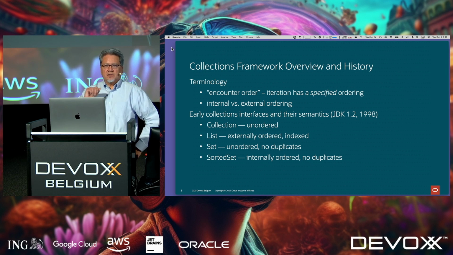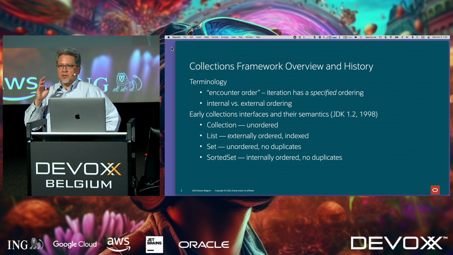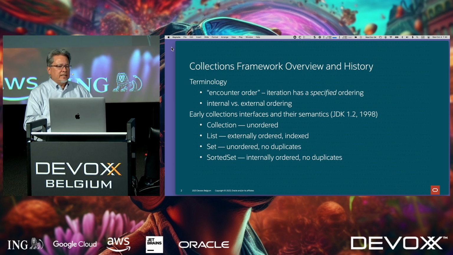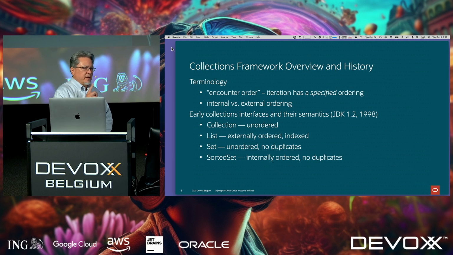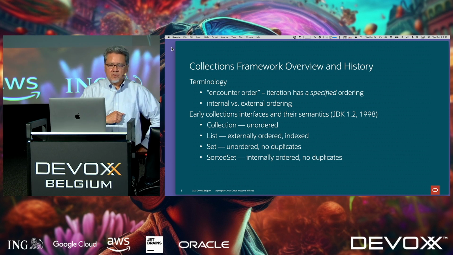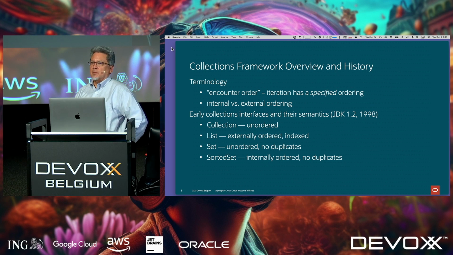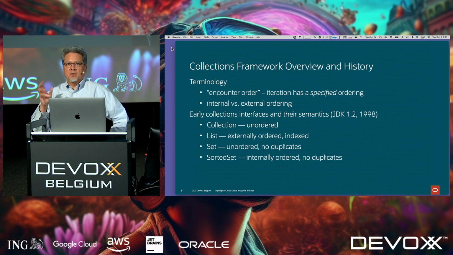And they're also indexed by ints, so you can ask for the fifth element, for instance. Set is unordered and it also has no duplicates. And SortedSet is ordered, but it's internally ordered. Like I was talking about a moment ago, the ordering is determined by the values of the elements themselves. And a sorted set has no duplicates.